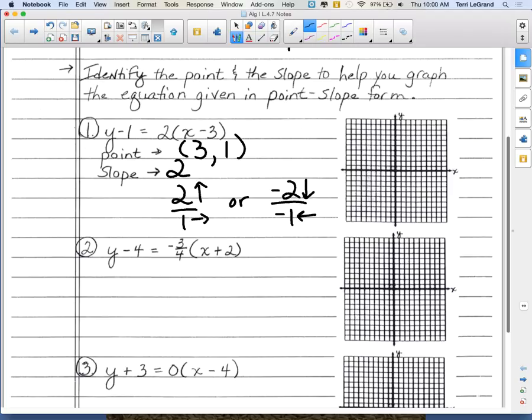Okay, go ahead and graph that line that belongs to that equation given to us in point-slope form. And again, your line is going all the way through the graph.